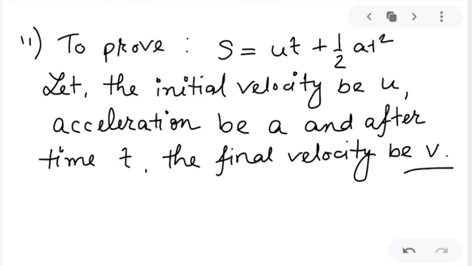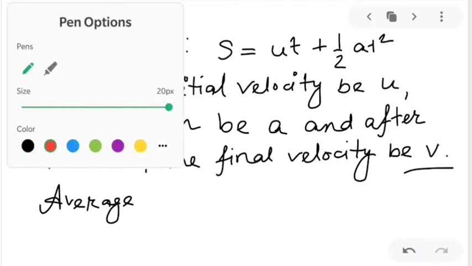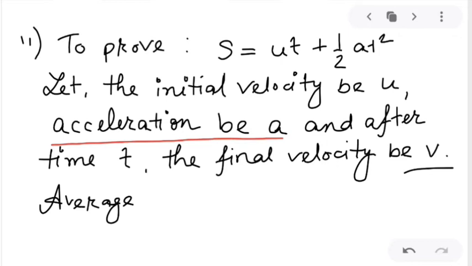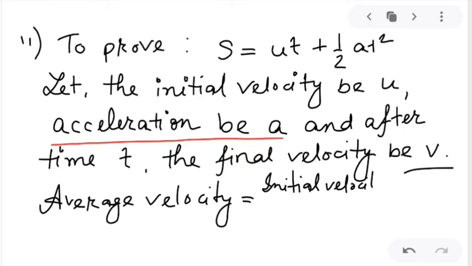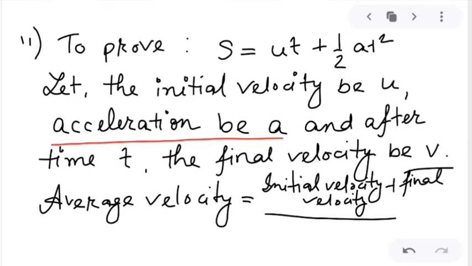When the body is moving with uniform acceleration, the average velocity is equal to initial velocity plus final velocity divided by 2, isn't it?